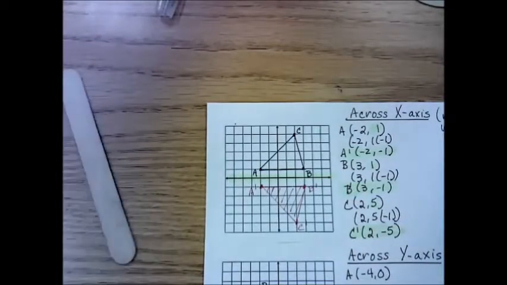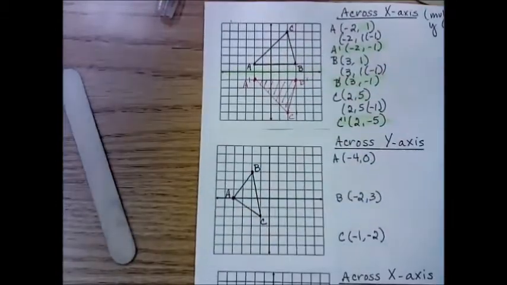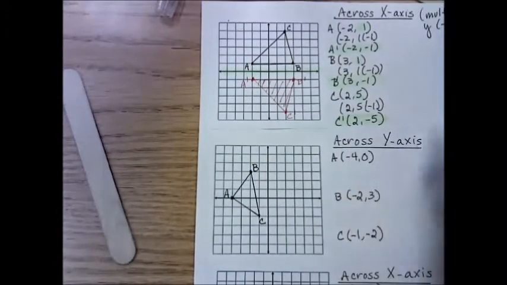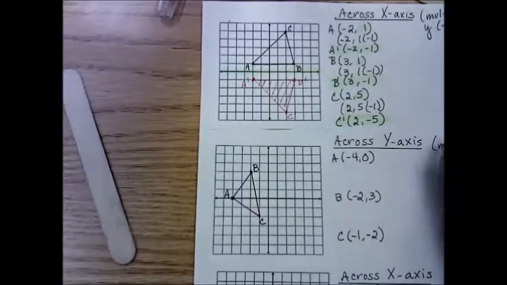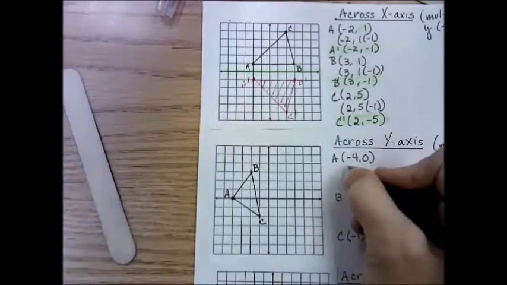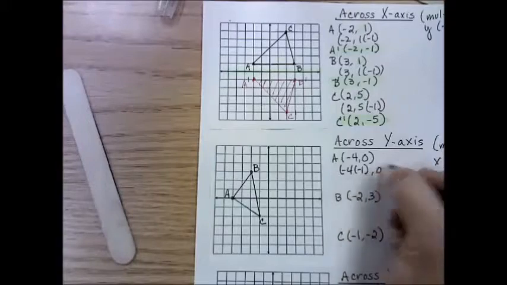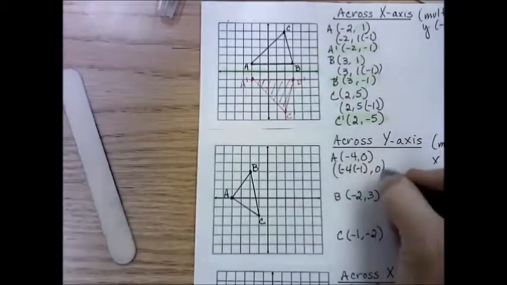All right, our next reflection. If we were to reflect this triangle across the y-axis, this means that we would multiply our x by -1. So here we would do -4 times -1, and y stays the same.